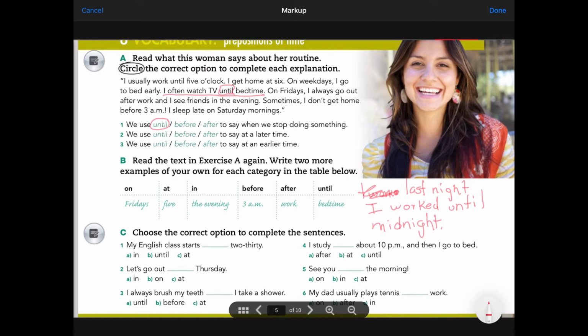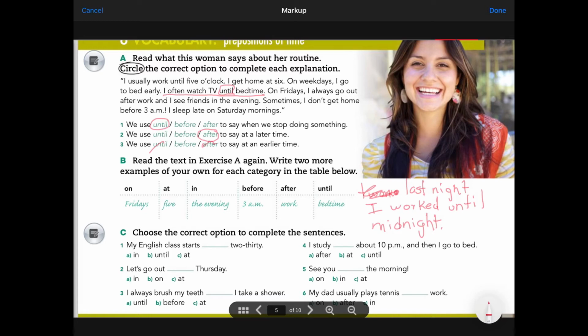Okay, so let's see number two. We use after to say at a later time. For example, we can say, I go to school on Saturdays. After that, I clean my house. So we use after. And number three, we use before.